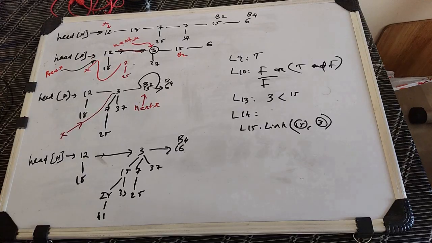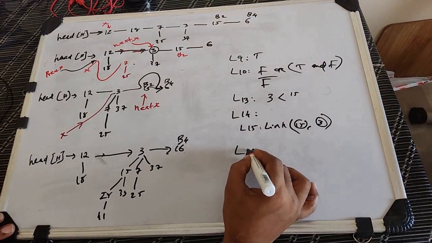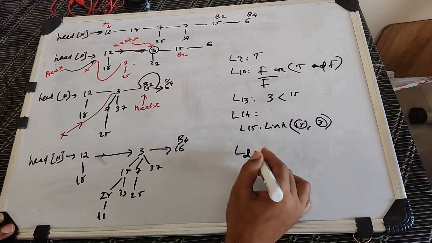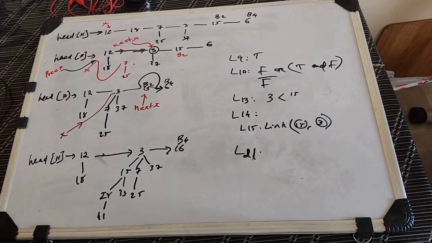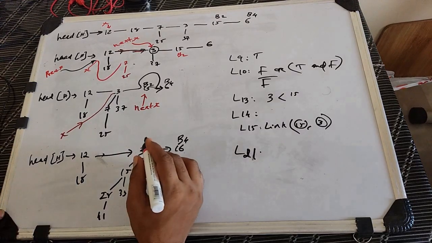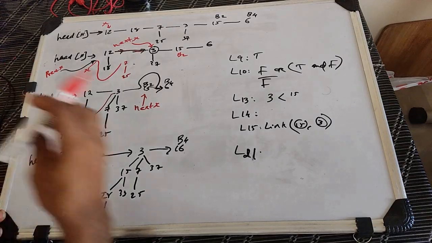Okay, then after this line number 15, line number 21 will make next x equal to sibling of x. Next x equal to sibling of x. X is here, this 3.